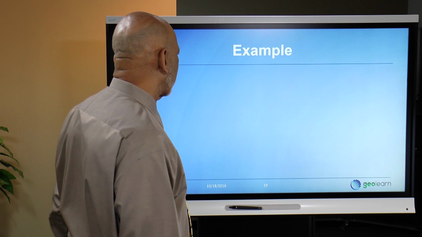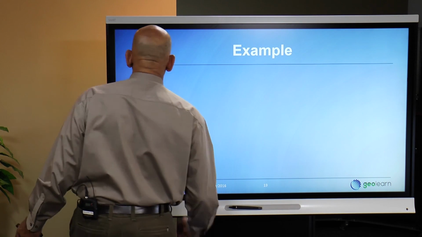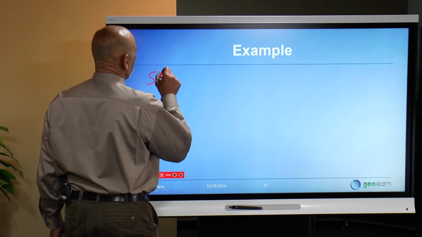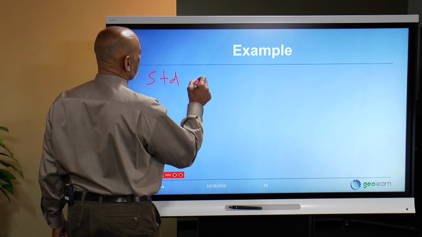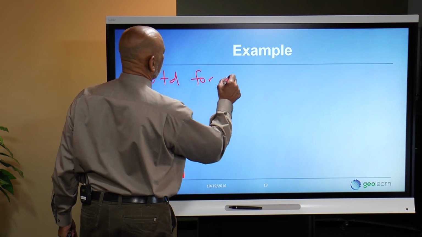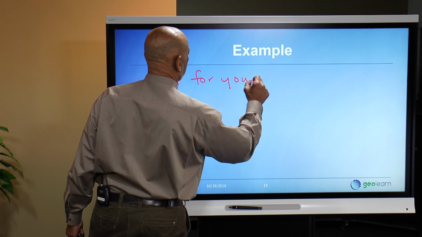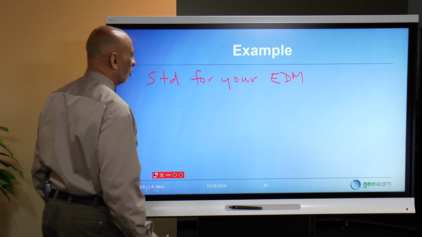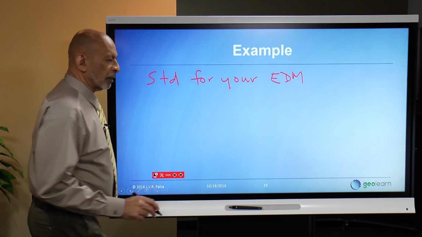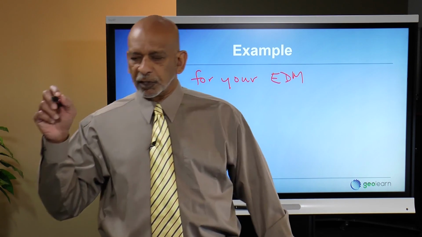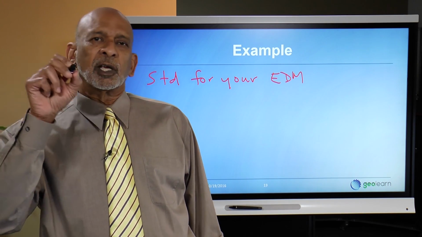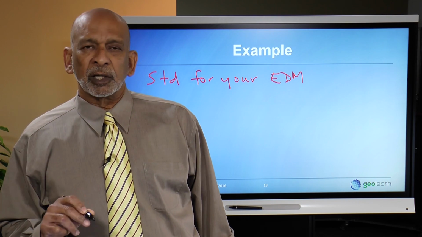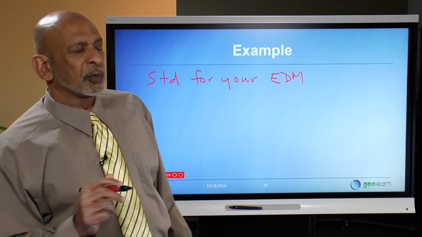And so just as an example, one of the things you need to figure out is what is the standard for your EDM. And there are different ways to do this. Sometimes your instruction manual will tell you. Sometimes there's a chart that plots temperature versus barometric pressure, and you can figure out where the 0 point on the chart is, and it'll tell you what it is.